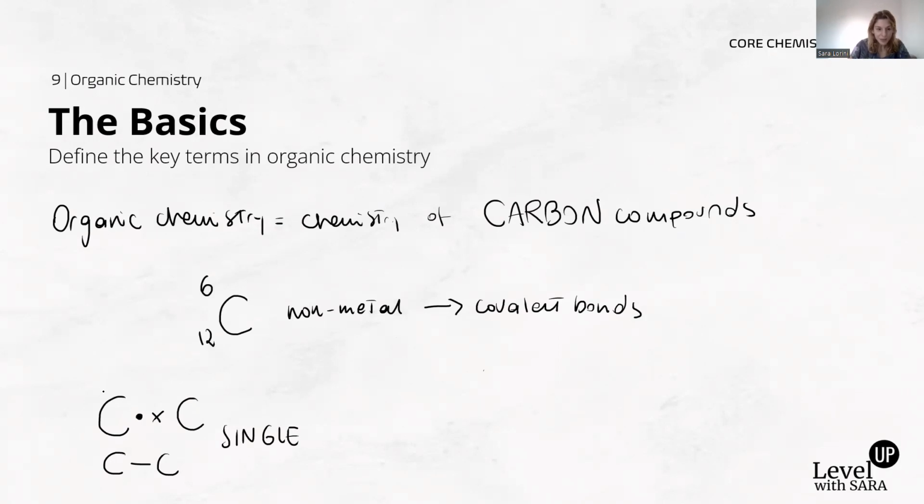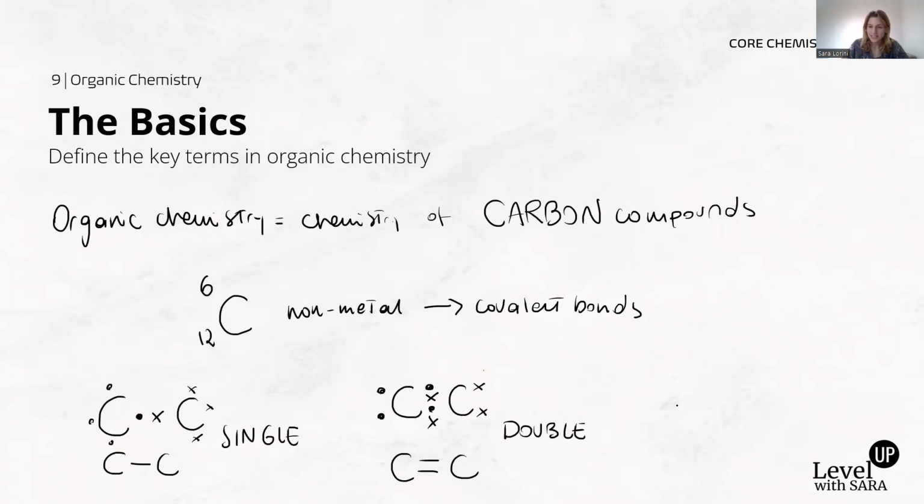But because carbon has 4 electrons in the outer shell, it can actually share more than 1 pair of electrons. So what if there are now this many electrons between them? It's a double bond. And there are going to be 2 electrons spare for each carbon. Remember, dot and cross diagrams.